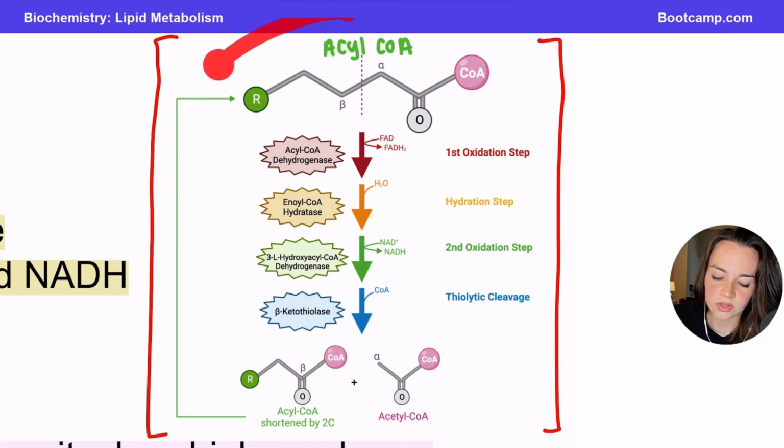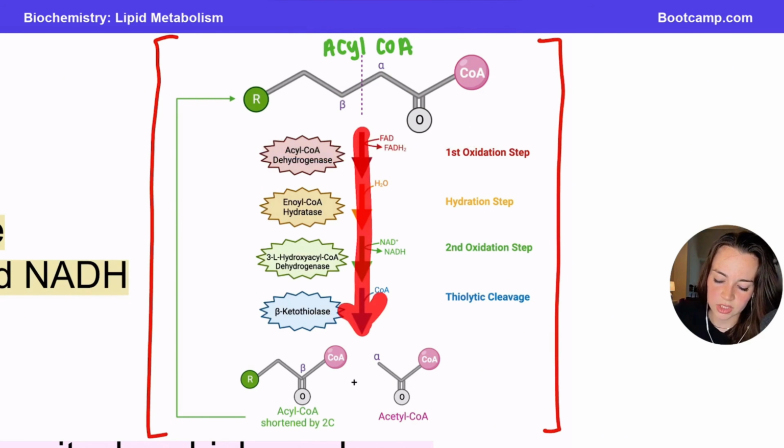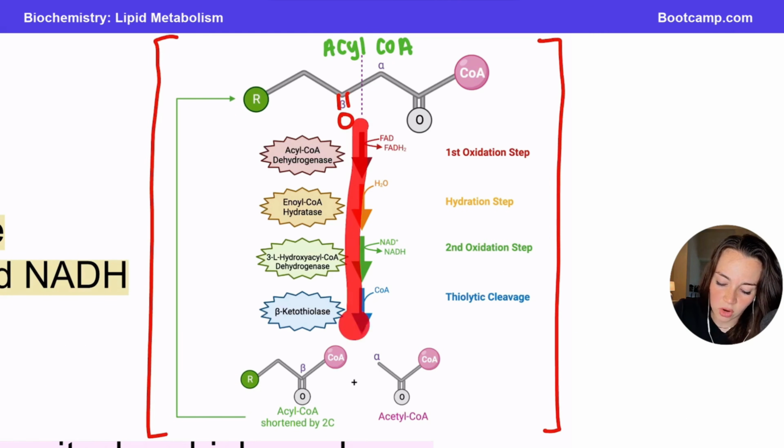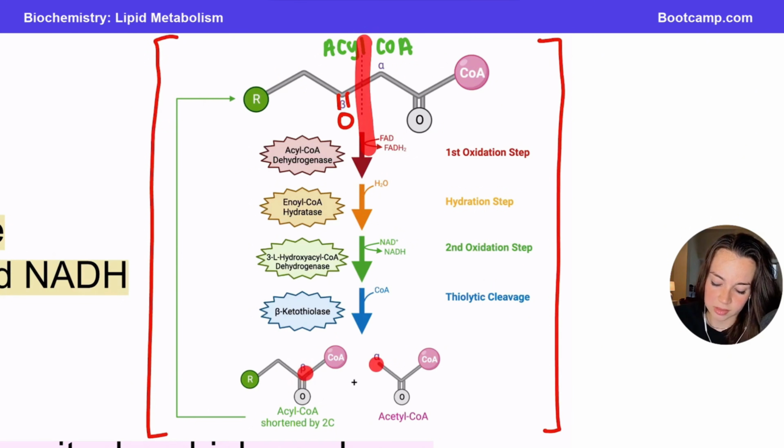And so you can see here's our starting acyl CoA. We're going to go through a series of reactions, and we're basically going to cleave this bond between the alpha and the beta carbon. We're going to do that by oxidizing the beta carbon. And so you can see after all of these reactions, we've split between the alpha and the beta carbon. We have oxidized that beta carbon. We put a CoA group on the end of it.